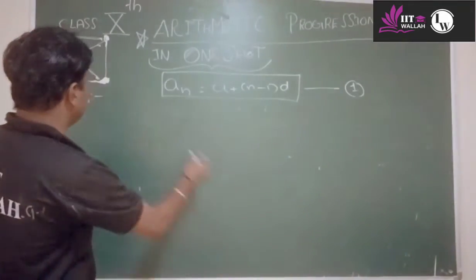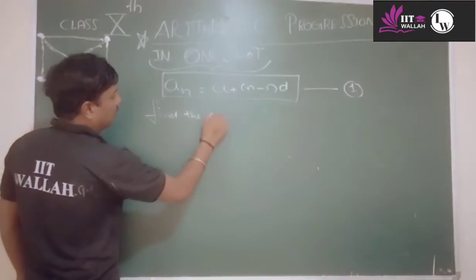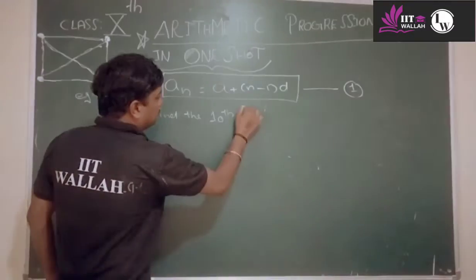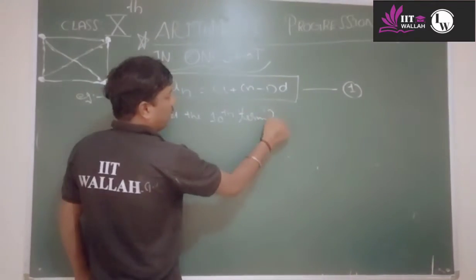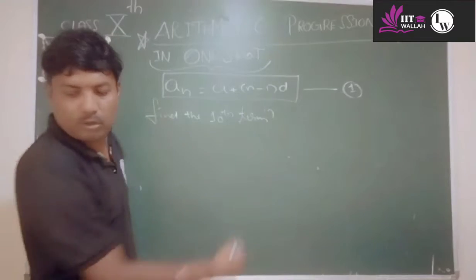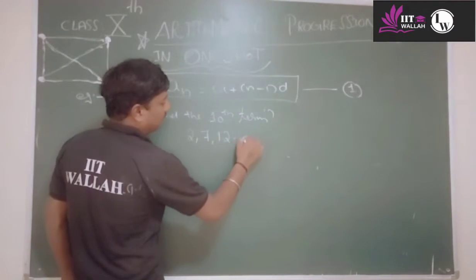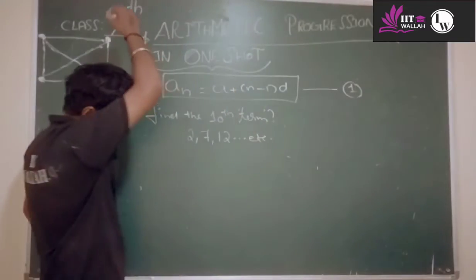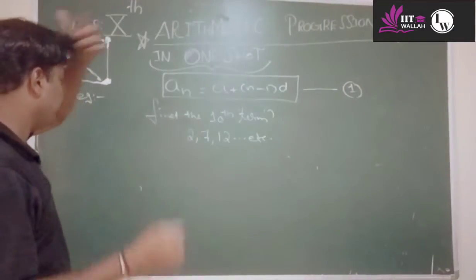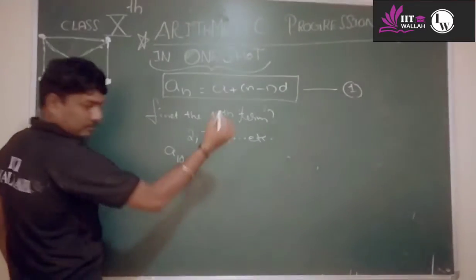Now the question is to find the 10th term. We need to find the 10th term of the AP 2, 7, 12, etc. This is the given AP. We need to find the 10th term, that means a10.